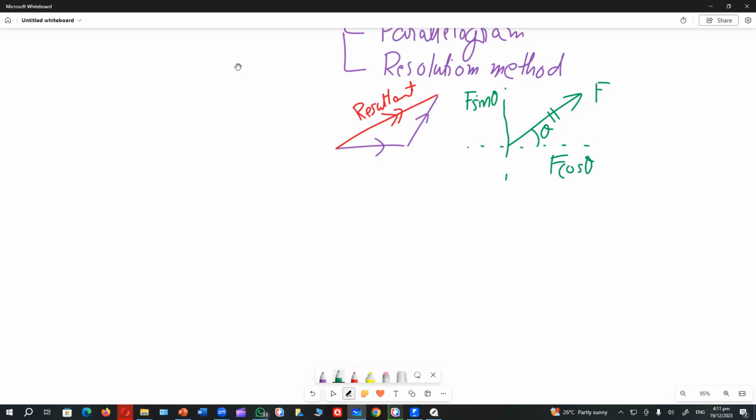The method I discussed was the parallelogram method or resolution. The main idea is to find the resultant vector. So you resolve all the vectors, you find the overall x value, overall y value.